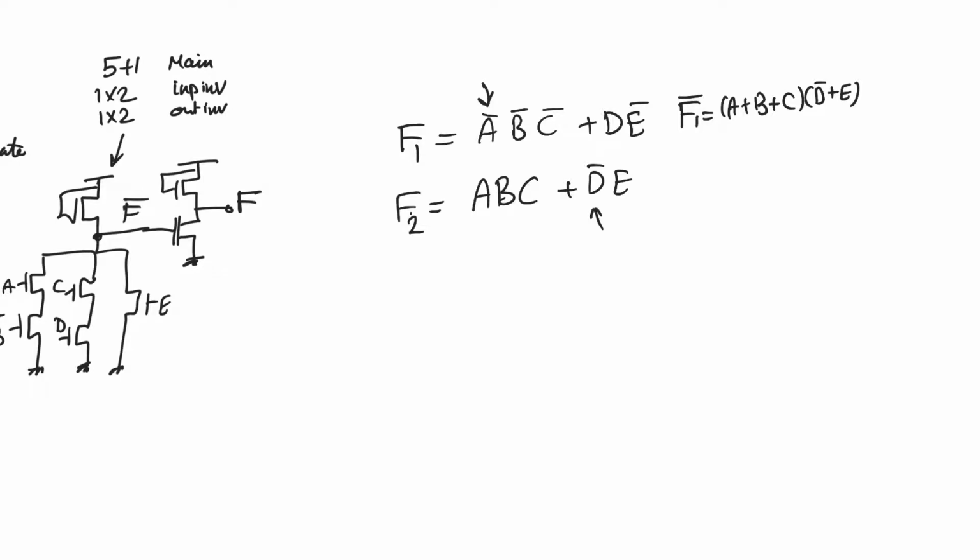But if you implement the expression of f2, you will need the main gate plus a single input inverter plus an output inverter. But if you try to implement the expression of f2 bar, you will need 4 input inverters and the main gate. So which is better is always determined by the prevalence or lack thereof of inversions in the original expression of the function.